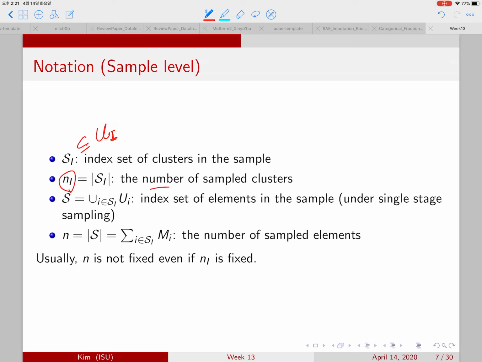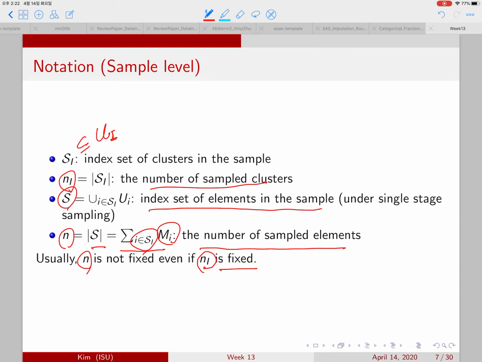The sample size, the number of sampled elements, is the summation of the M_i's over the sampled clusters. So even though n is fixed, because the number of sampled clusters is fixed, the total number of sampled elements is not necessarily fixed, because the M_i's are different.